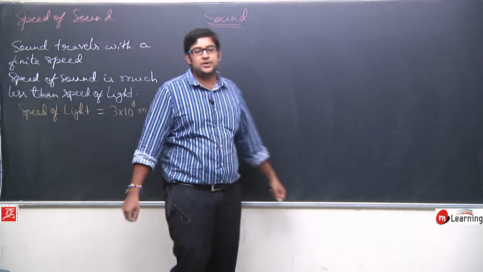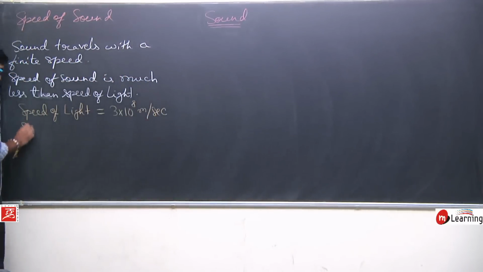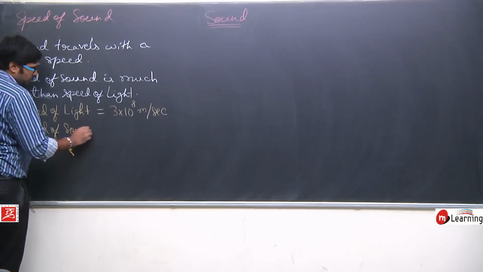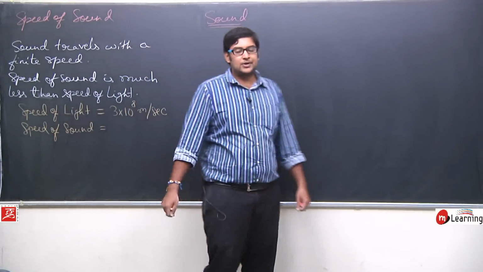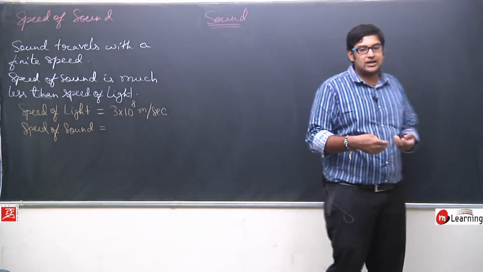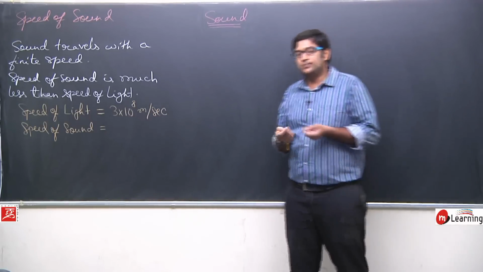And if we see the speed of sound, generally if we talk about the atmosphere, because generally sound is heard in the atmosphere, the basic medium in which the sound travels is the air surrounding you.